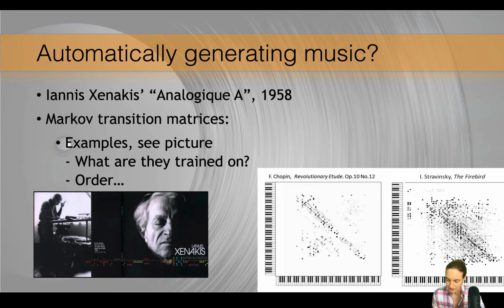It's basically a matrix that lists all of the possible notes, let's say C, C sharp, D, E, etc., on both axes.